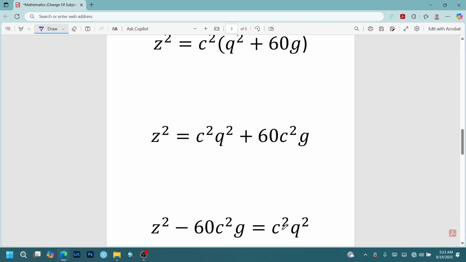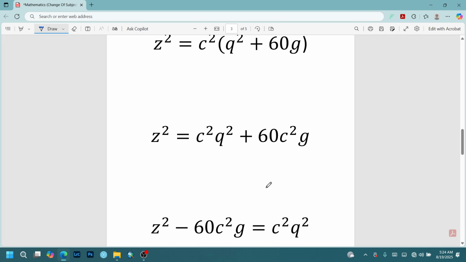We can only see k in c square k square here, right?